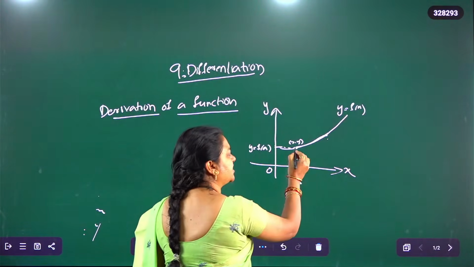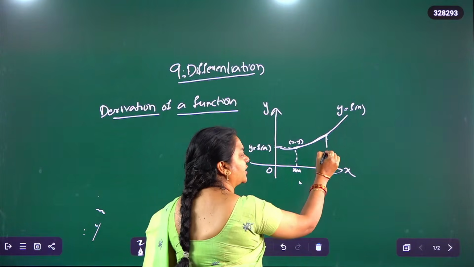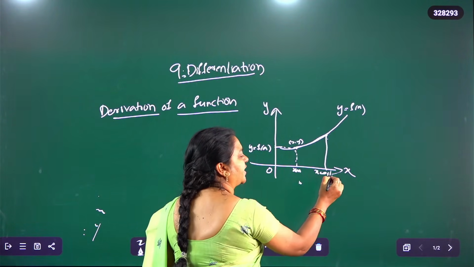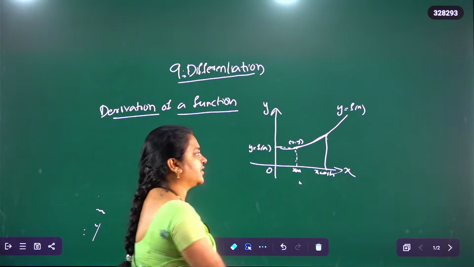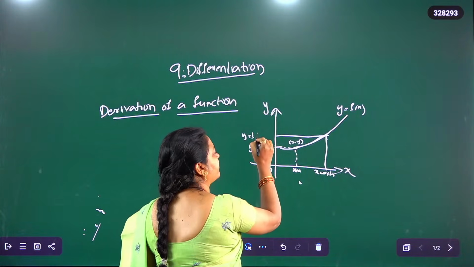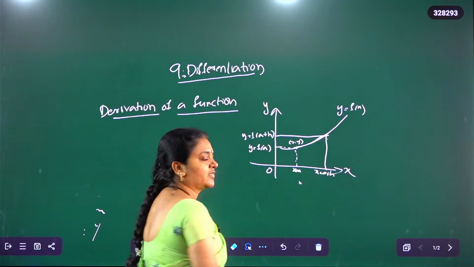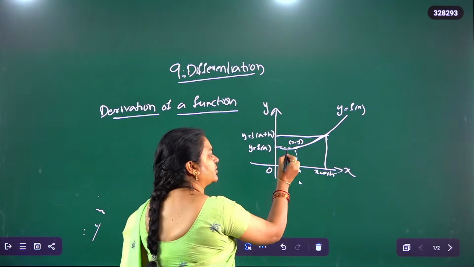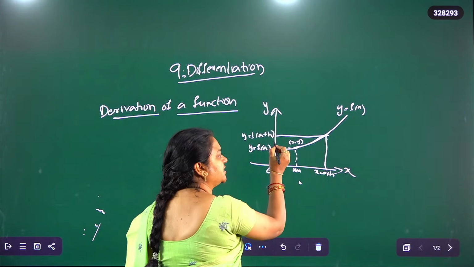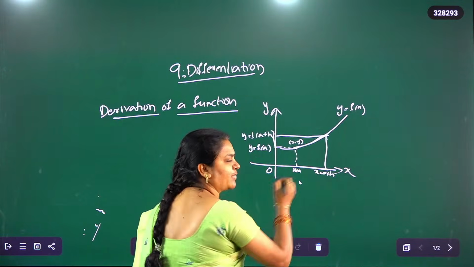Now the function is moved from here to here. Here also the corresponding x value will be there. Let us take a plus h here, and the corresponding y value is f of a plus h. Now the function has moved from here to here, that means it has changed in some y and it has changed in some x.